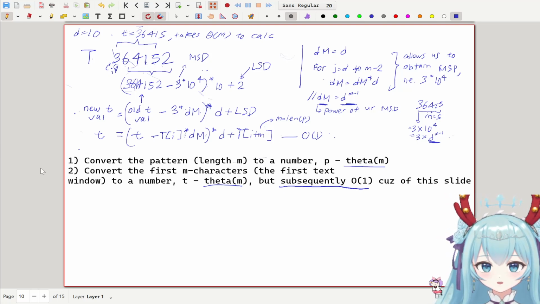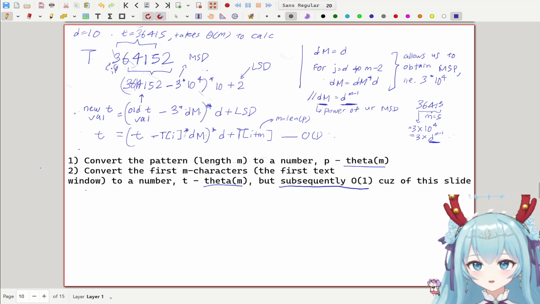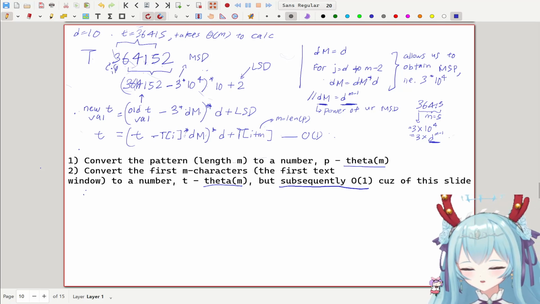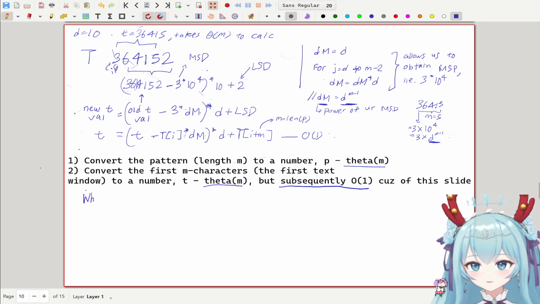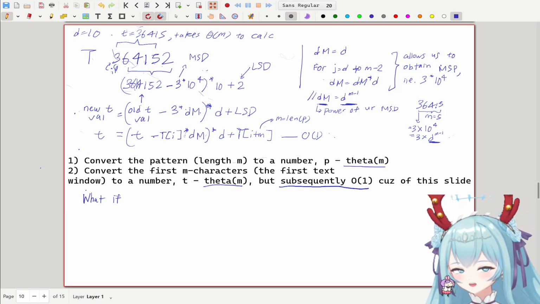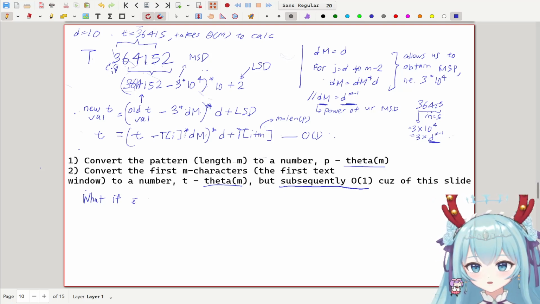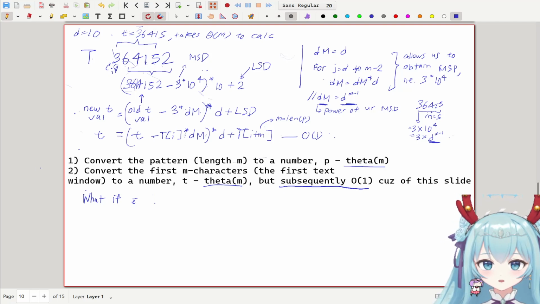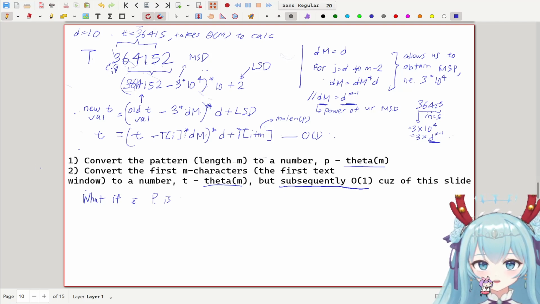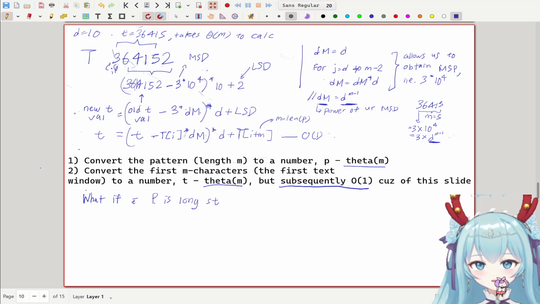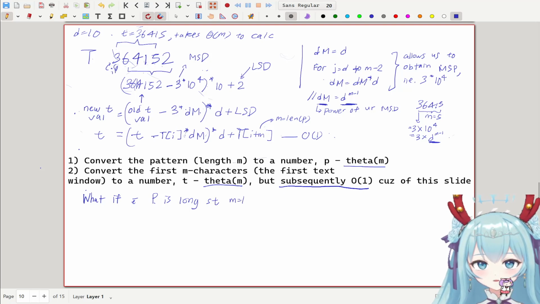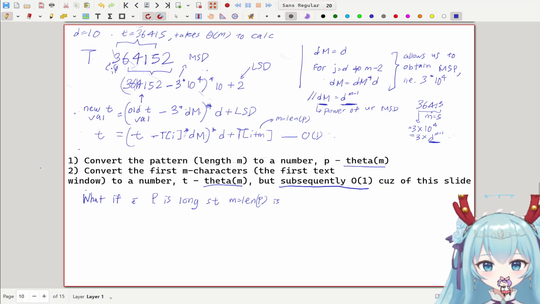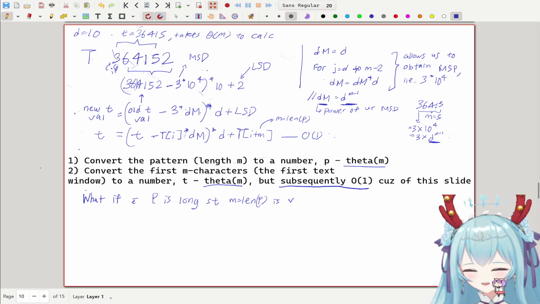But now there's another thing we need to consider: what if the pattern is long? What if P is long such that m, which is the length of P, is very large?